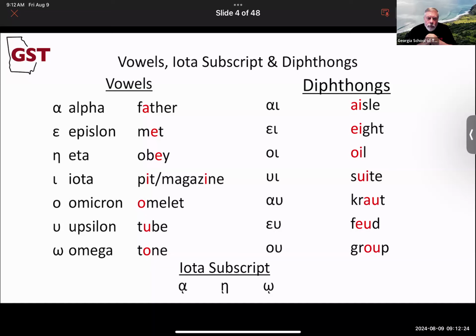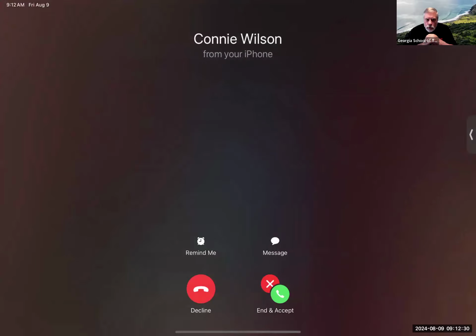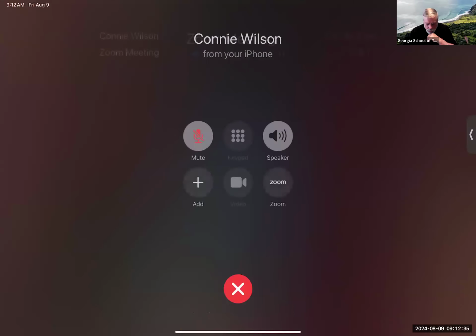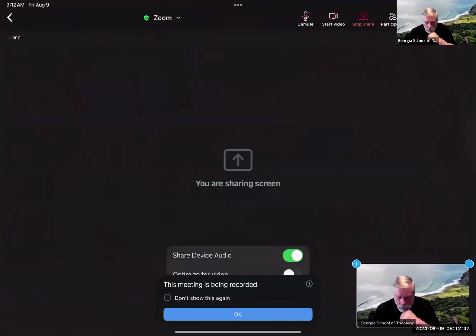Now, if we were to put two little dots, here's where I'm writing over, say, any one of these iotas, or, okay, I can't answer, Connie. All right, so I'm teaching a class. I'm teaching right now.